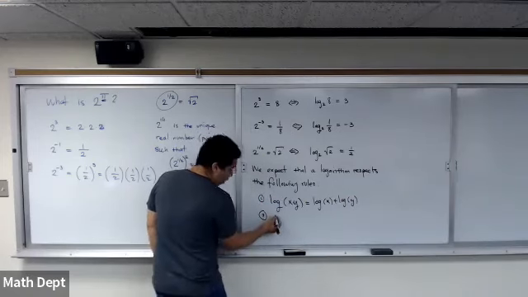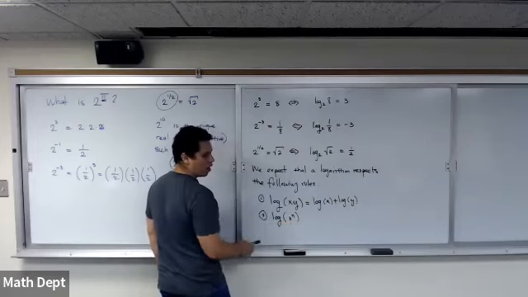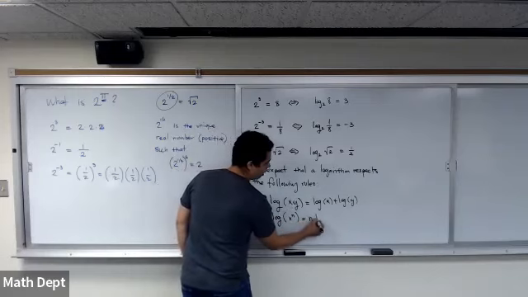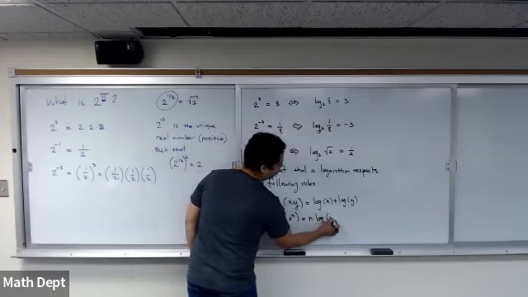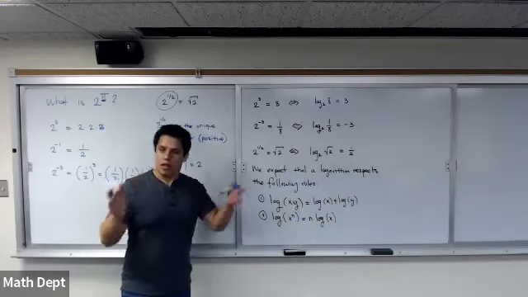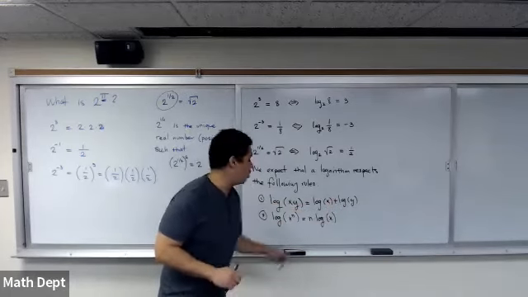And what else? Well, we would like this to also satisfy the following. If you take a number to the power n, this should be n times the logarithm of that number. Of course, there are restrictions that we have to mention, but ultimately, this is what we want to get, right?